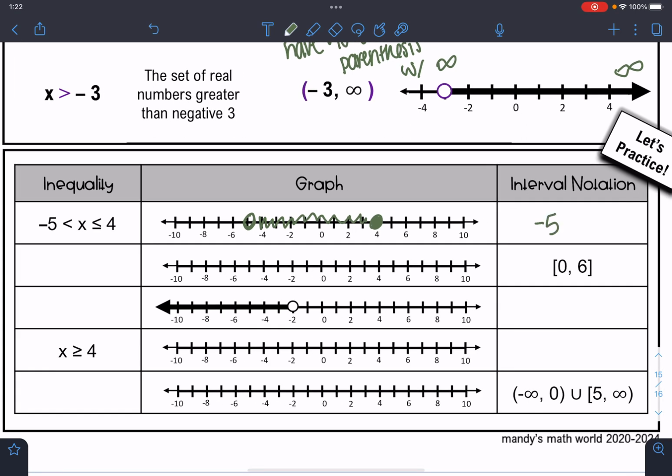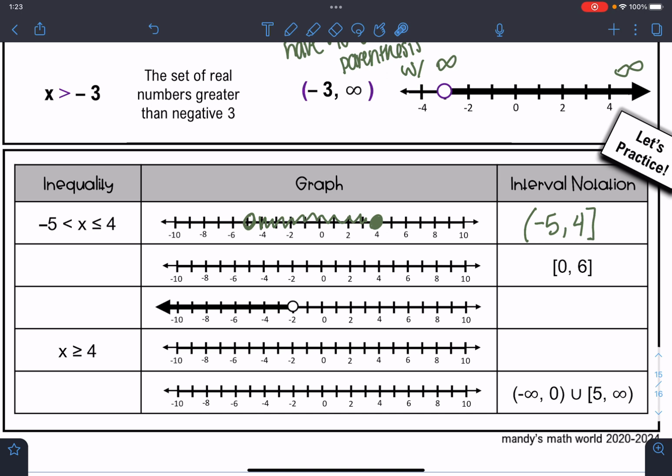I have a very strict set of numbers. We're going from -5 to 4. That's my range of numbers here. But now we need to figure out what kind of parentheses or brackets. This -5 has that open circle, therefore we need to use the parentheses. And this 4 has a closed circle, so therefore we need to use the square bracket. So there would be your answer.